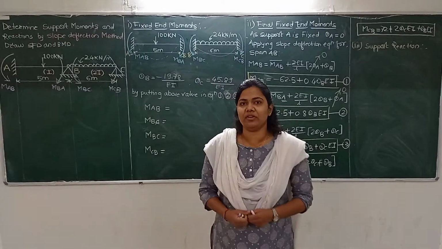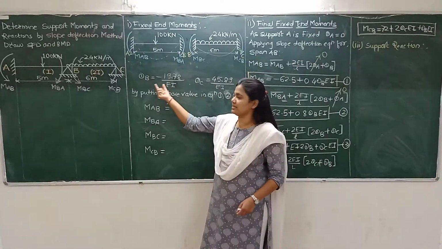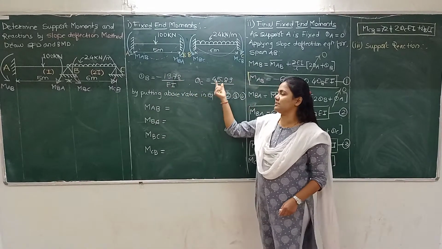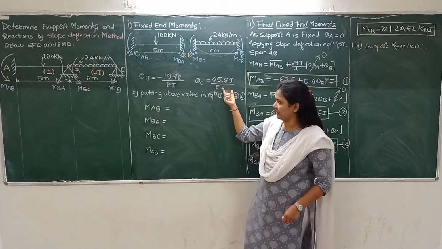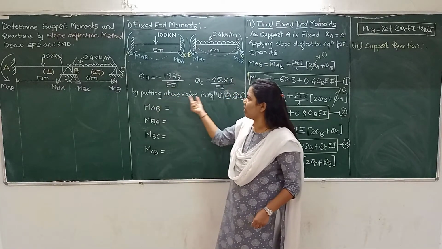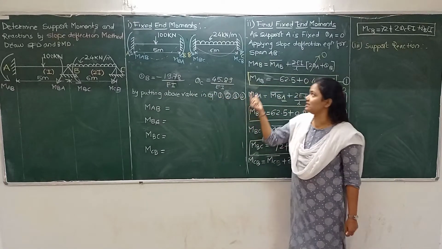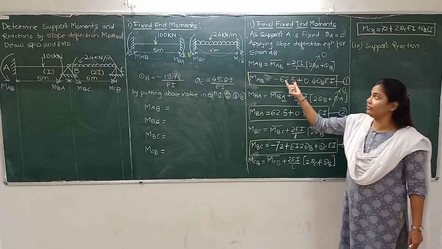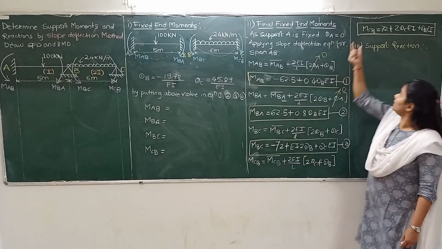So after finding the slopes theta B and theta C, the next step is putting these two values of slopes in equations 1, 2, 3, 4, that is the final end moment equations that we already found in step number 2: MAB, MBA, MBC and MCB.